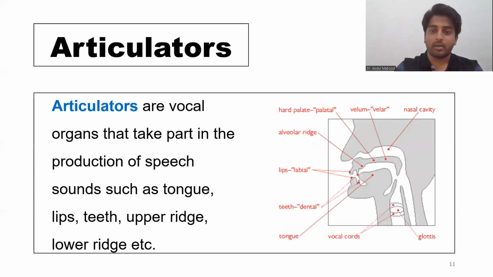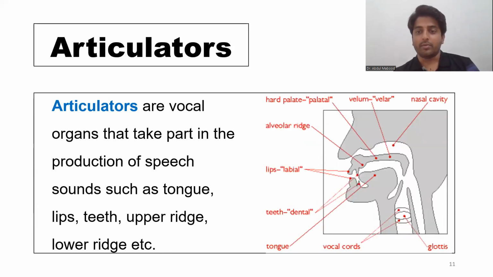Here in the picture you can see that in producing sound, all these things take part: our lips, our teeth, our velum, our palate, our vocal cord. All these things take part, and they are called articulators. Now remember, these things will be required in the next slides.